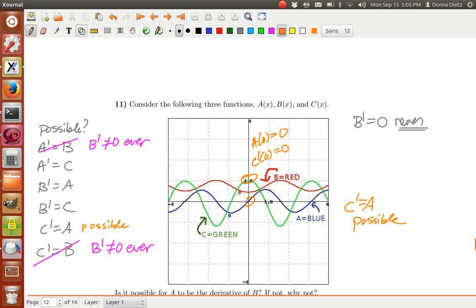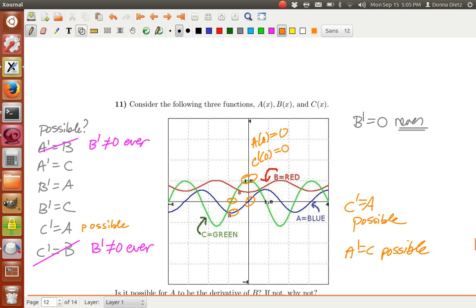Well, actually, so far it's possible. Just based on what I circled, it's not impossible, because look what happens. A prime equals c is possible too, and one of these is going to be impossible.